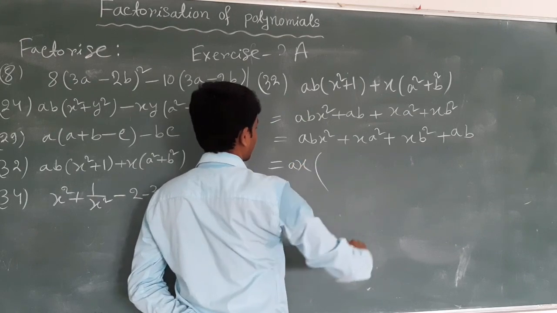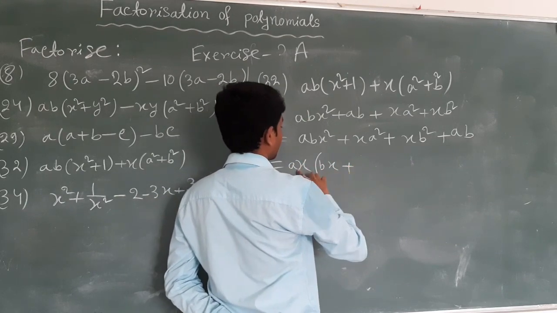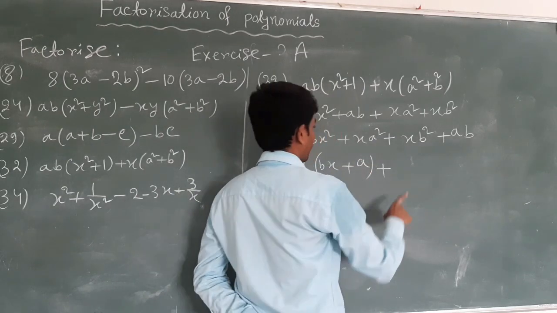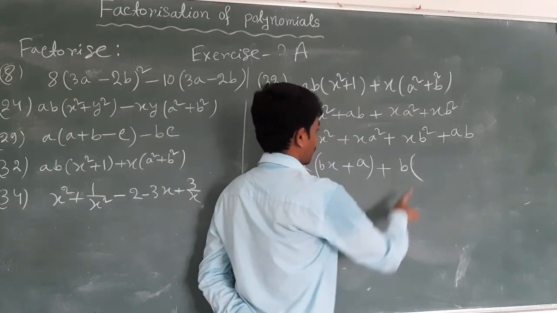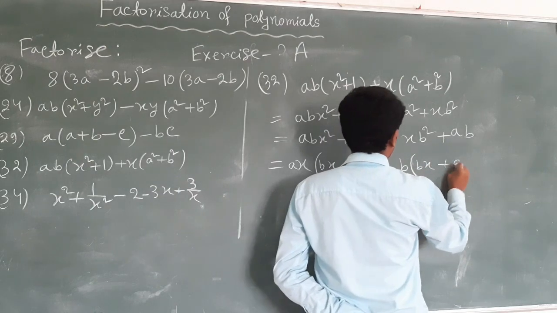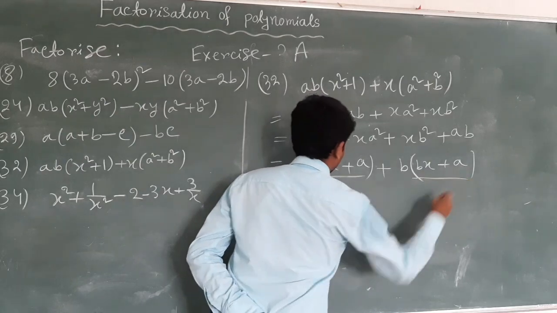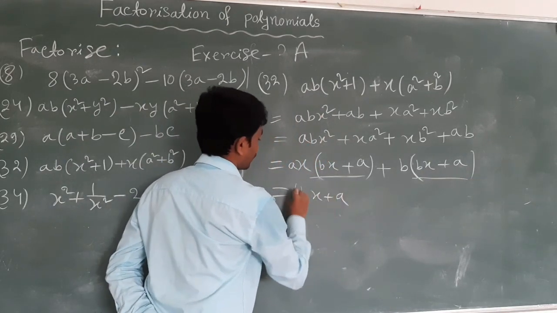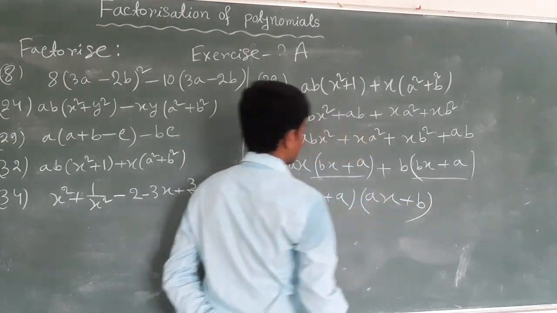So ax plus b, and from the third and fourth term b is the common factor, so bx plus a. So bx plus a taken out as common, then we get a plus b.